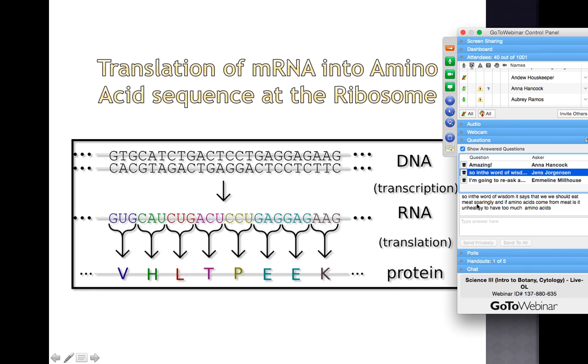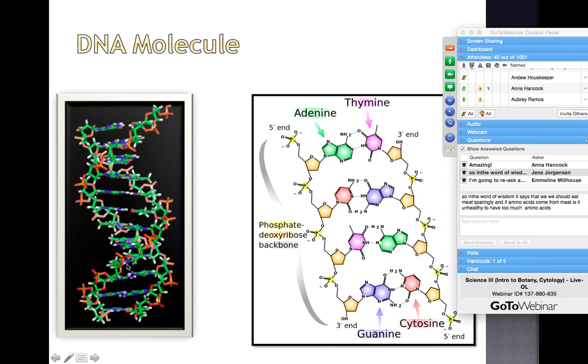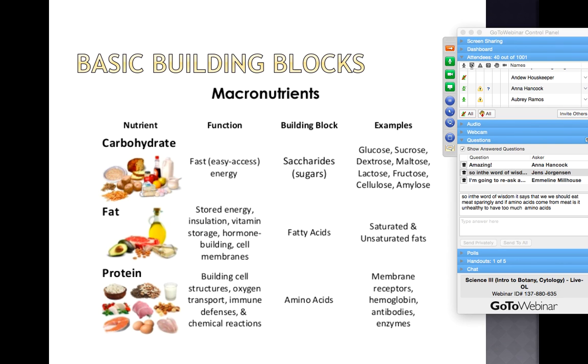Jens says, so in the Word of Wisdom it says that we should eat meat sparingly, and amino acids come from meats. Is it unhealthy to have too much amino acids? Well, amino acids come from meat, but there are many vegetable sources of amino acids also, of proteins, like nuts and seeds.